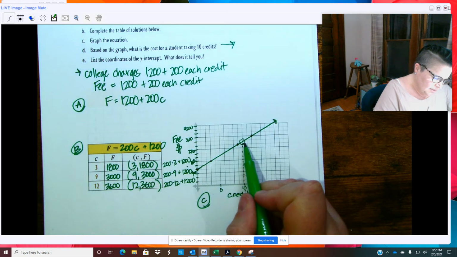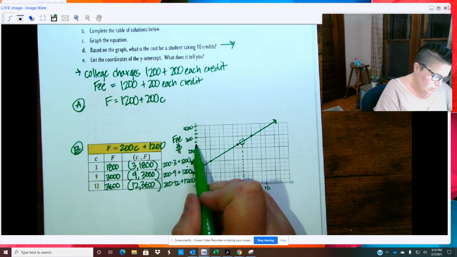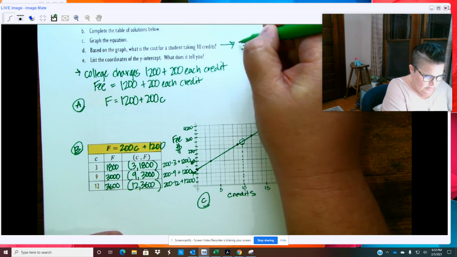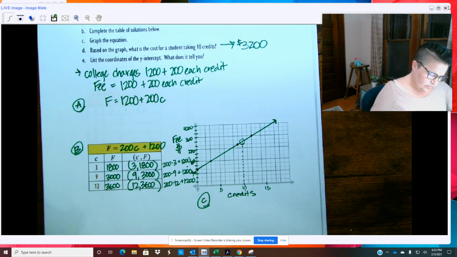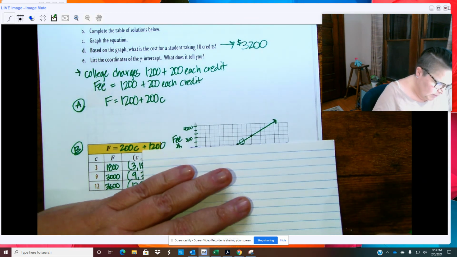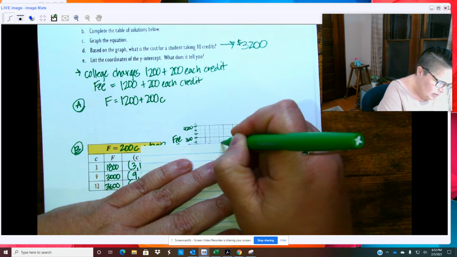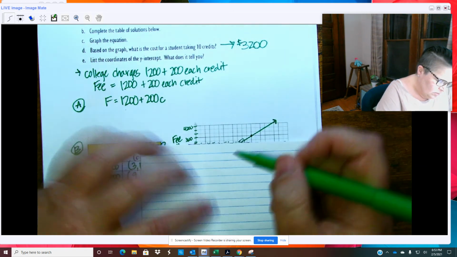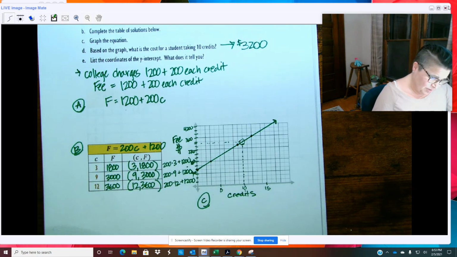So 10 credits would be about $3,200. If I had to guess where that would go, I'm going to go there. I'm going to follow this across. Remember, that would be 3,300 because I'm jumping by 300. So I'm going to say about 3,200.